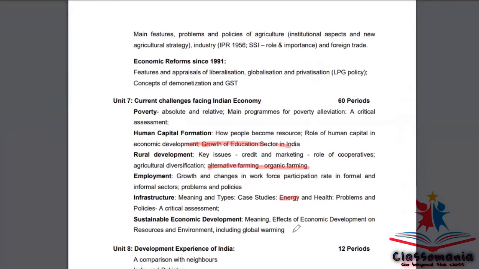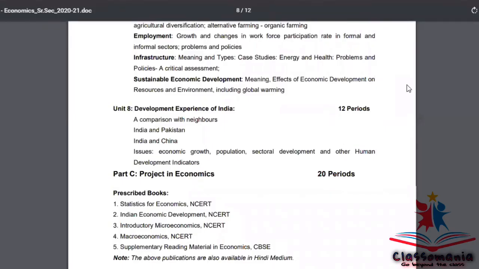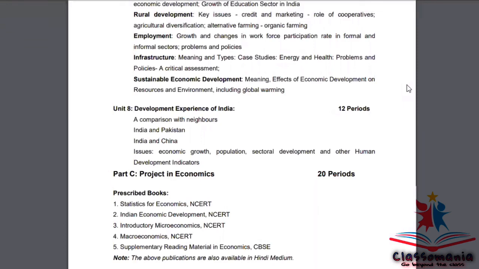Remaining topics are coming as it is in the annual board examination. As we move towards our next unit, unit 8, that is development experience of India, nothing has been deleted from this unit. It is coming as it is in the annual board examination.